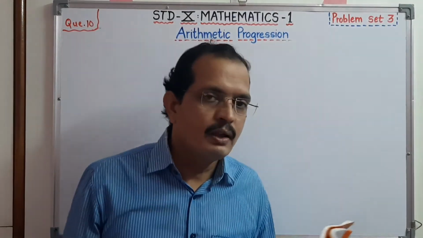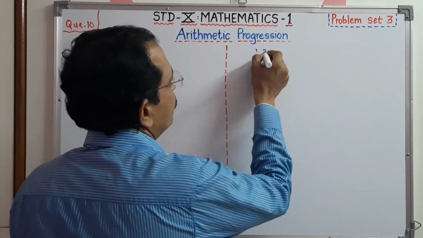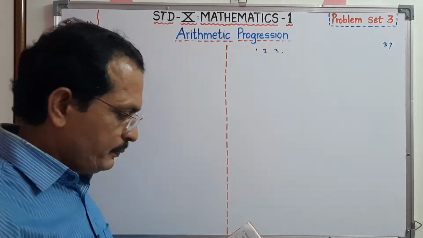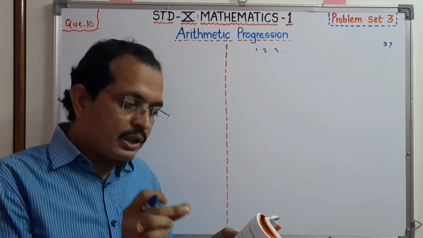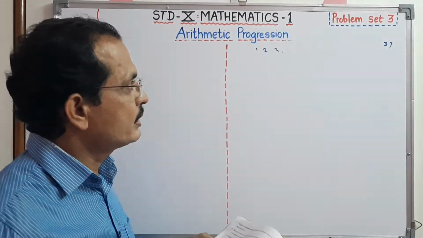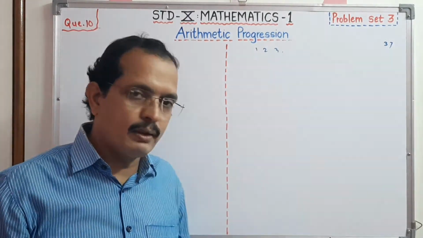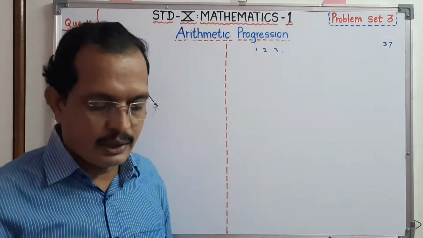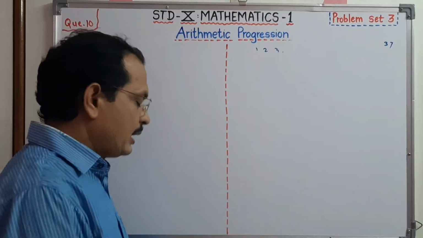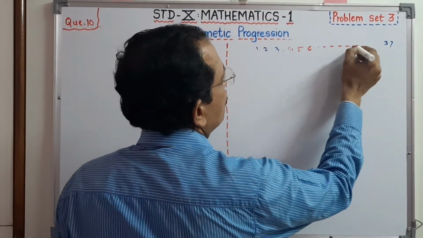Dear student, there are a total of 37 terms. It means 1, 2, 3, like this there are 37 terms. And the sum of the 3 terms placed exactly at the middle is 225.